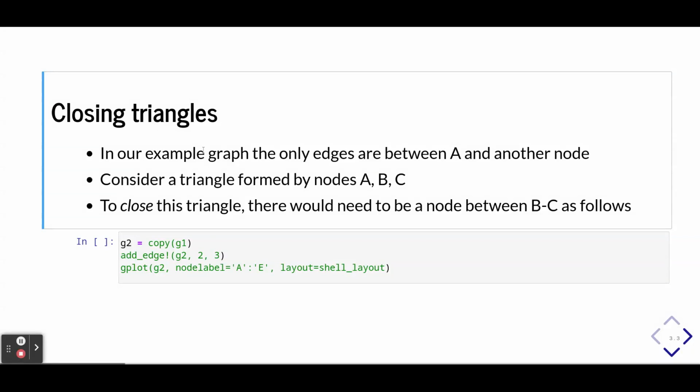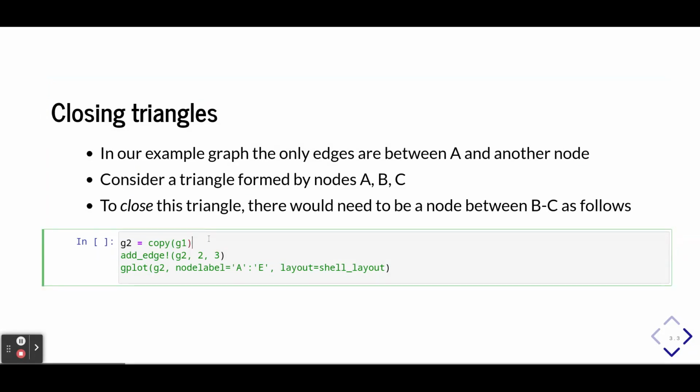Now that we understand a bit more about closing triangles, let's see how we can do this using the Graphs.jl package. To begin, we're going to make a copy of our G1 graph so that in this next line of code, where we call add_edge! and pass a graph, we're not actually going to make changes to G1. We're only going to be modifying a copy of that, which is G2.